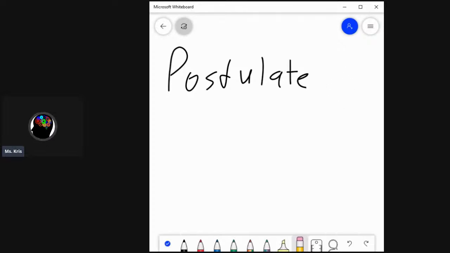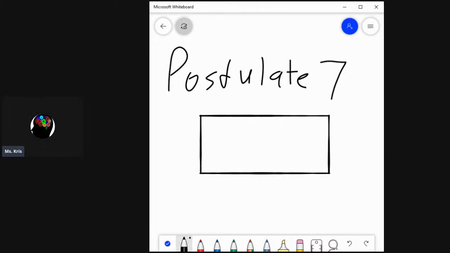Now, postulate 7 says if I have two distinct points, given two distinct points in a plane, the line containing these points also lies in the plane.